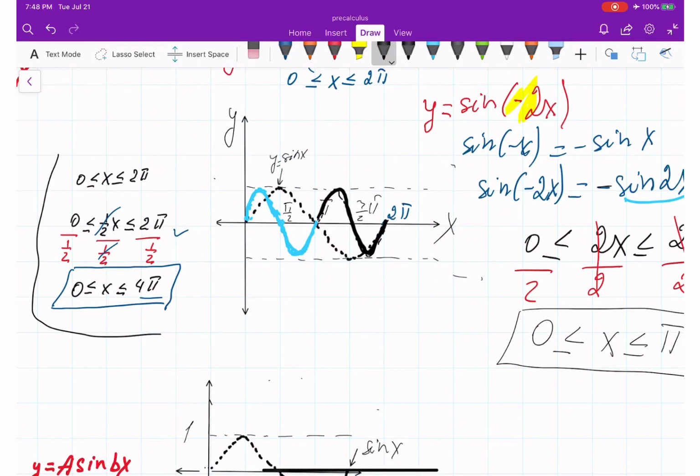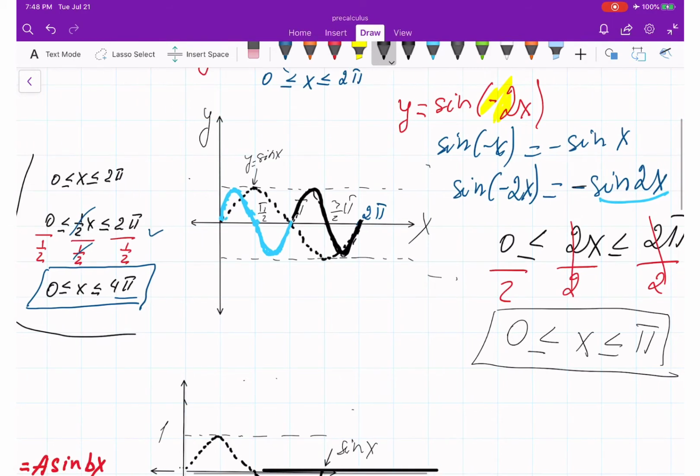So here we have at positive, this blue color and black. Now to build the negative one, I'm going to go the opposite direction. It's going to come this way. Let me go dashes and then I can come.